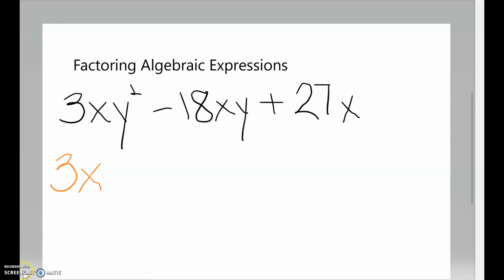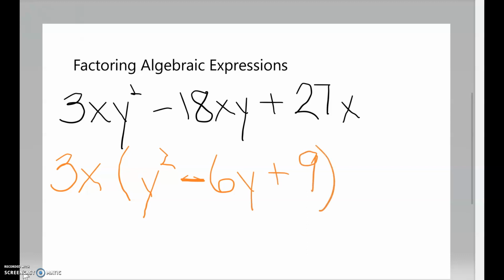So that means that I can divide all three parts by 3x, leaving the trinomial to be y squared minus 6y plus 9. Now we keep that 3x in front, and we're still going to do two sets of parentheses.